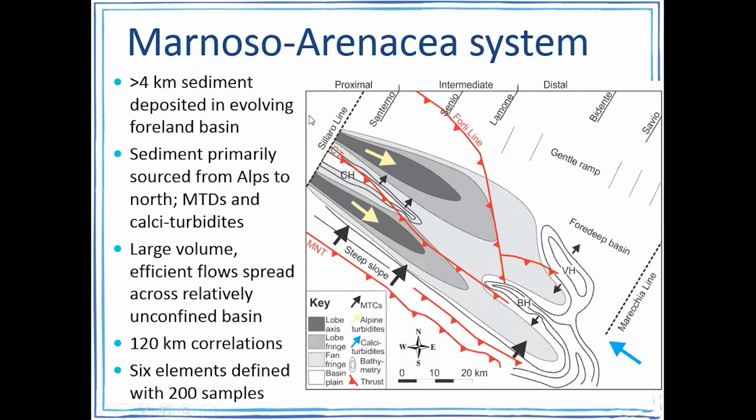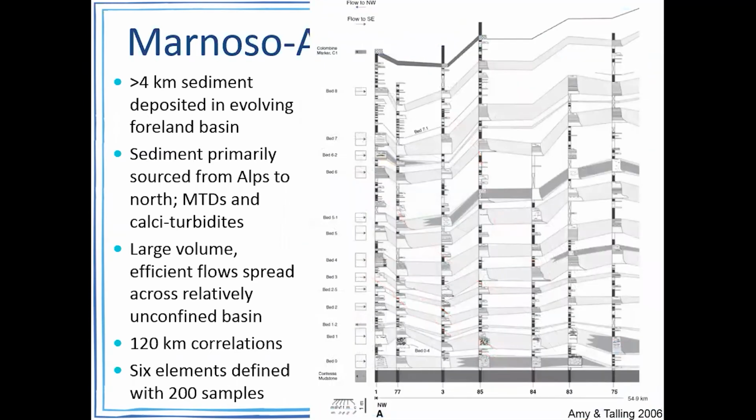The sediments, at least the siliciclastic turbidites, were primarily sourced from the north, from the Alps. But we also have a series of mass transport deposits coming in from the growing Apennine thrust front, and also some calciturbidites coming in from the south, which act as quite nice marker beds within the basin. What we had in this setting were very large, efficient flows spreading across a relatively unconfined basin.